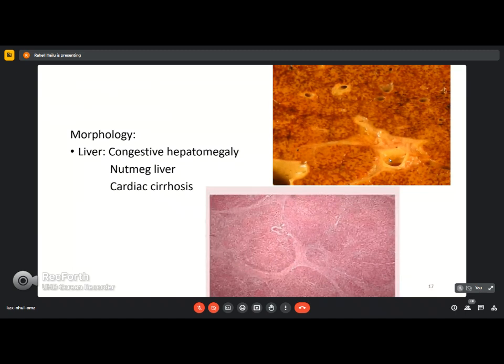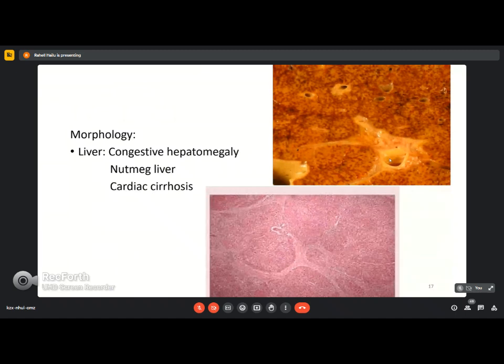Okay, so in the case of congestion, any sort of congestion that goes back into the pulmonary congestion, and also back to the peripheral parenchymas, again increasing the venous pressures, can result in hepatomegaly, congestion in the liver as well.